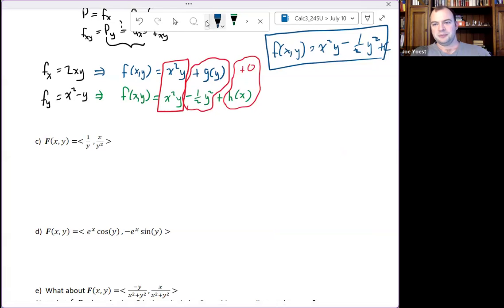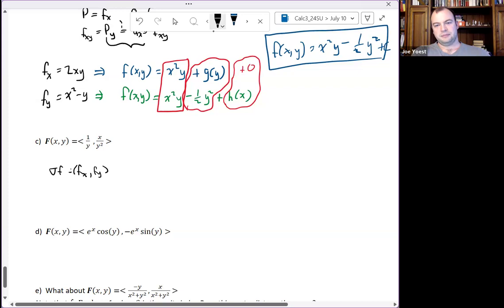Okay, part C. So here again, if big F, which is 1 over y in the x component and x over y squared in the y component, if that's the gradient of some little f, then the first component should be the x partial and the second component the y partial.